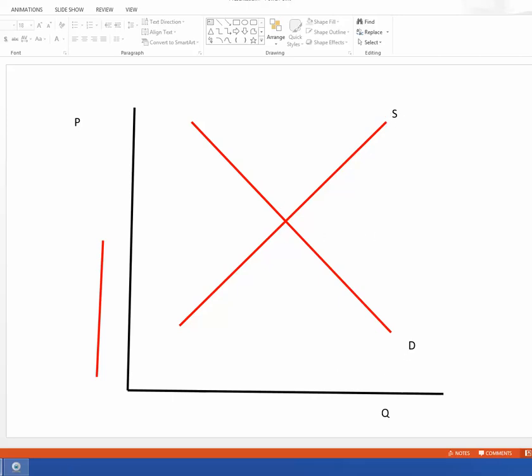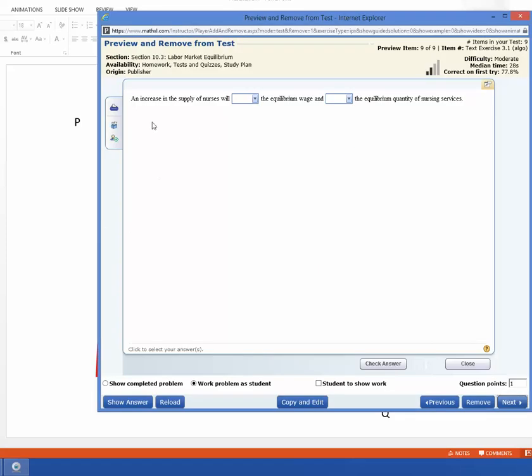If I go back and take a look at my question here, an increase in the supply of nurses will basically decrease the equilibrium wage, and it will increase the number of working nurses. So they'll be getting less money, but there'll be more of them working.